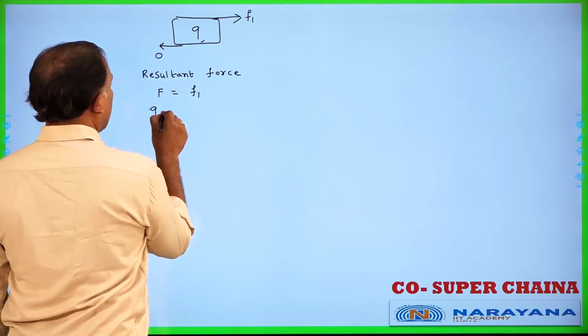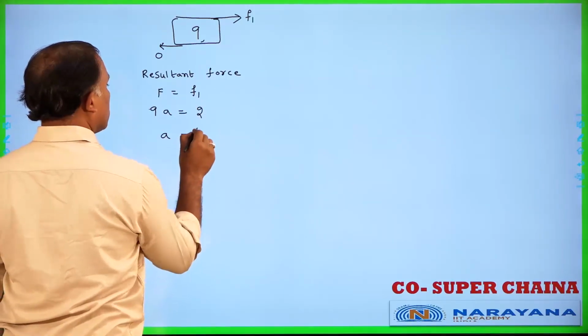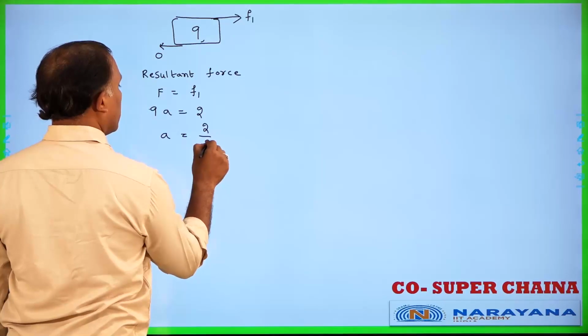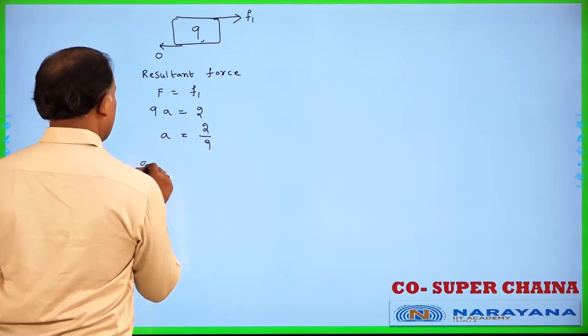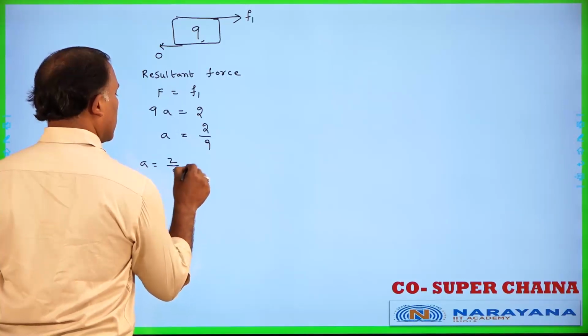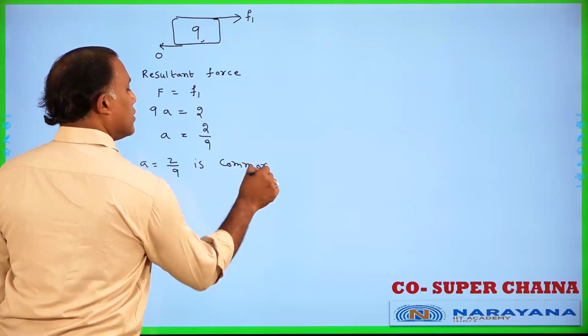So 9 into A is equal to 2. So acceleration A is equal to 2 by 9, which is the common acceleration of both 6 kg and 3 kg.